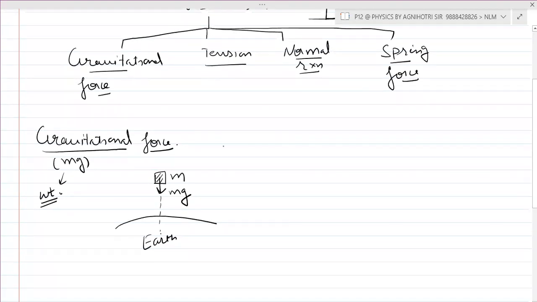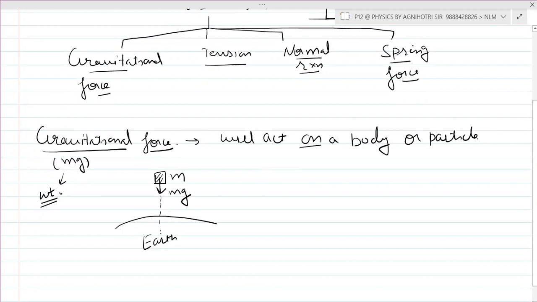Now let me tell you, gravitational force will act on a body or a particle which is having mass. If a body is not having any mass, then there will be no gravitational force.